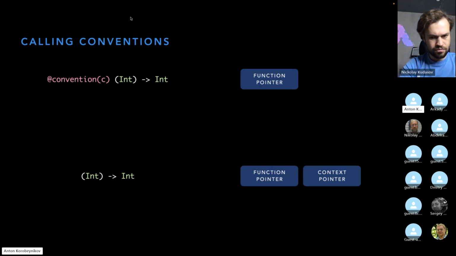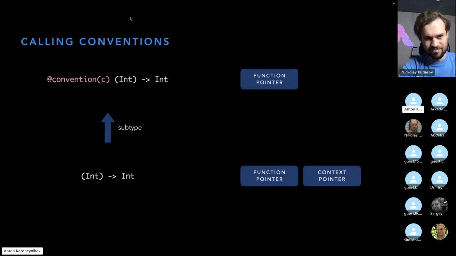Converting a convention C function to a native Swift function is just adding a null context pointer. So we can say that convention C functions are a subtype of native Swift functions.